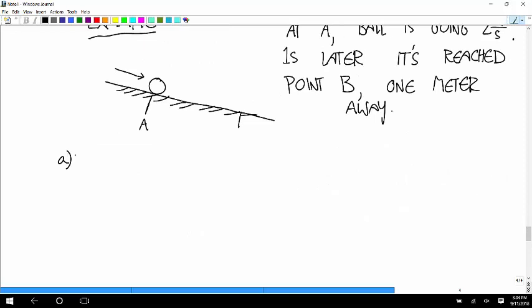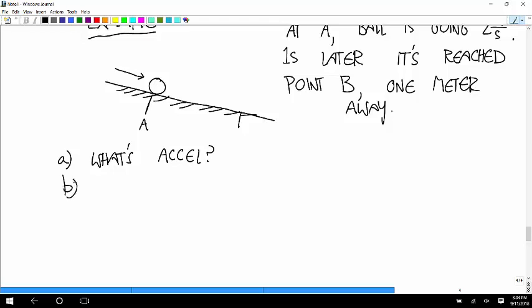So first, what's the acceleration of the ball? I don't know.